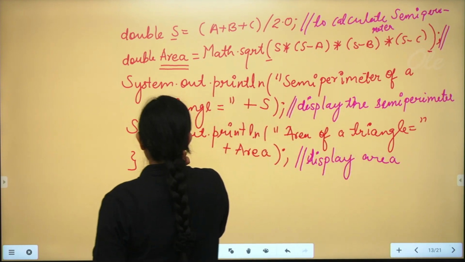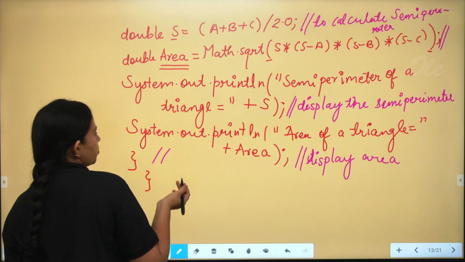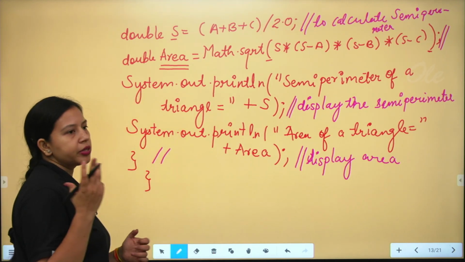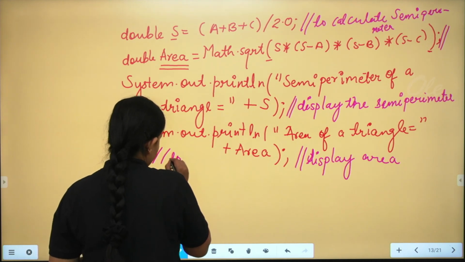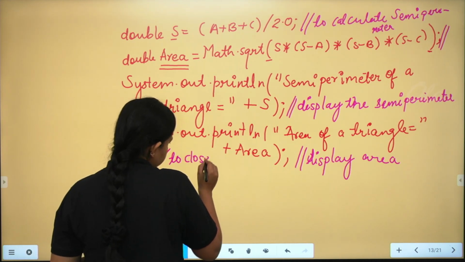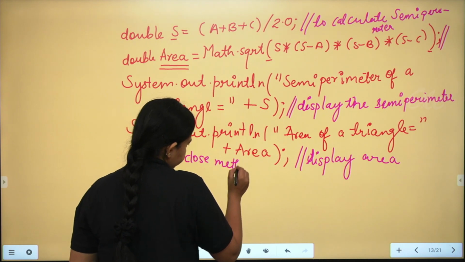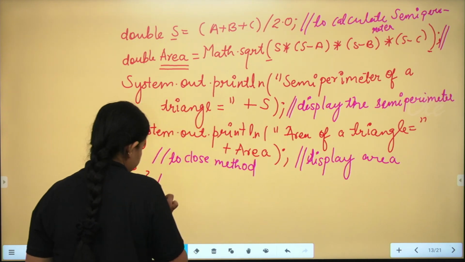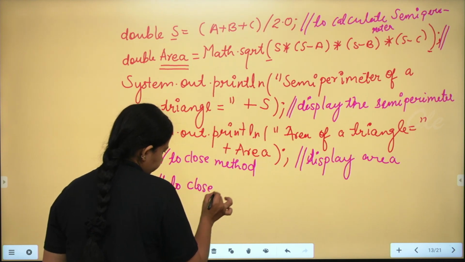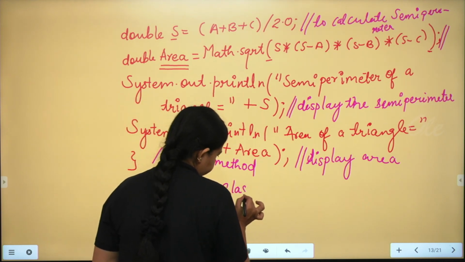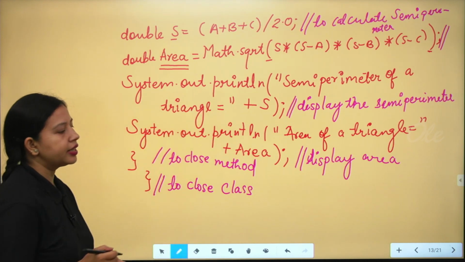So you can easily write down 8 comments in your program. I don't think anybody is facing any kind of difficulty writing down the comments. To close method, and here to close class. Now that is the entire program.